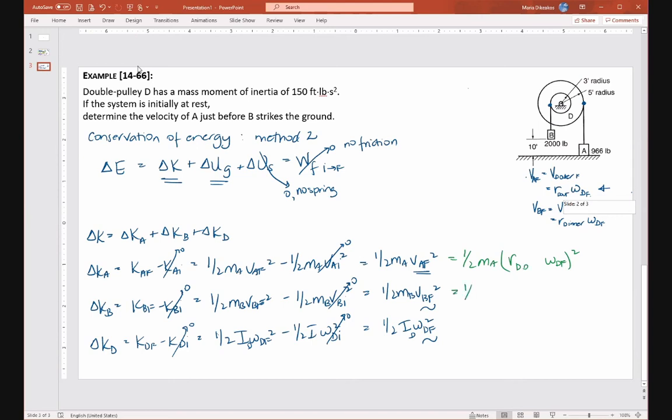Then 1/2 MB RD inner omega DF squared equals 1/2 ID omega DF squared. So everything's going to be in terms of omega DF squared. These are our delta Ks. We add them all up. That's going to be the delta K that we're going to substitute in here.